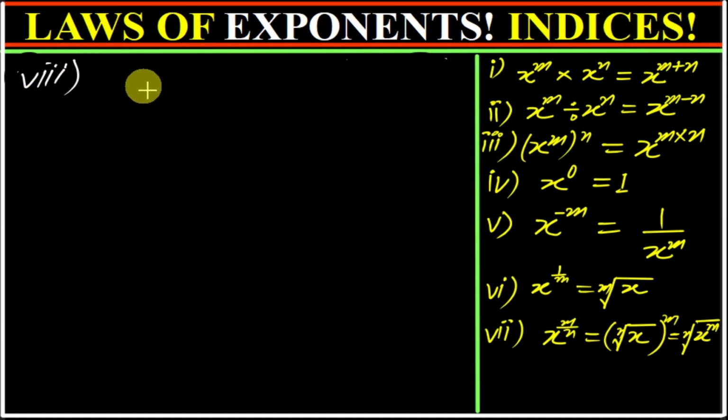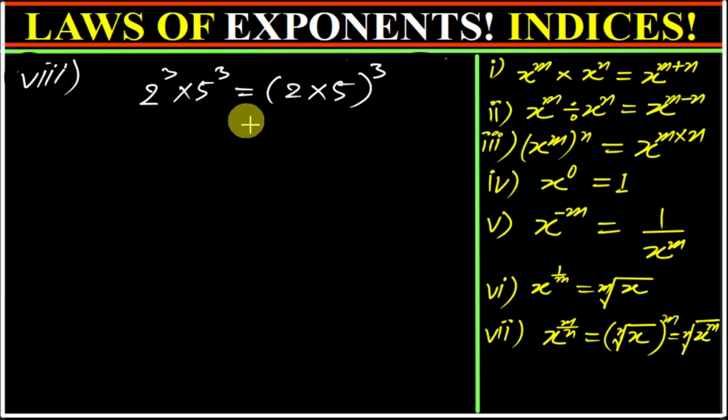So like this, something 2 raised to the power 3 into 5 raised to the power 3. So what will it be? In that case, we can just take this power as common. So we can say 2 into 5 raised to the power 3.